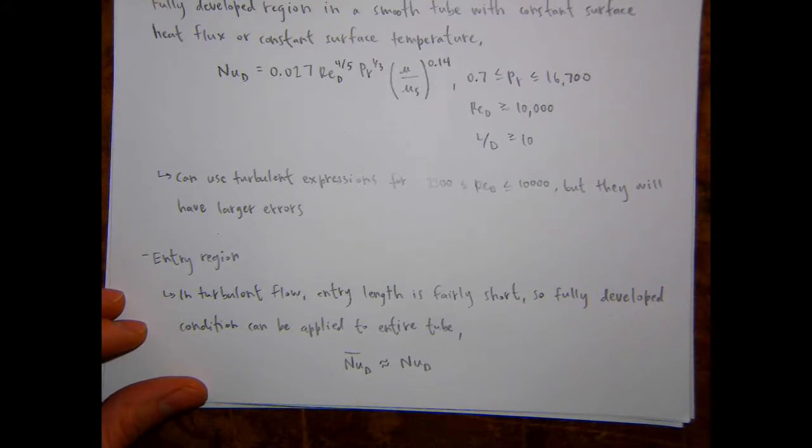So that increases the boundary layer growth more quickly. Does that make sense? And it's the same thing with the thermal entry length. Just more mixing, and you're increasing the rate of heat transfer more quickly as well.